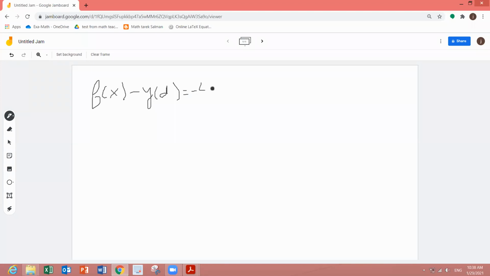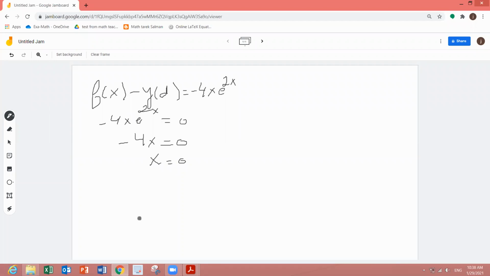Minus 4x e^(2x). If we solve minus 4x e^(2x) equal to 0, so minus 4x equal to 0, it means x equals 0.